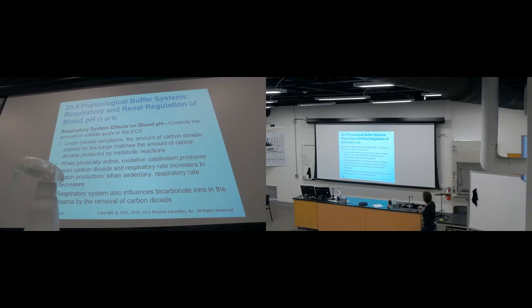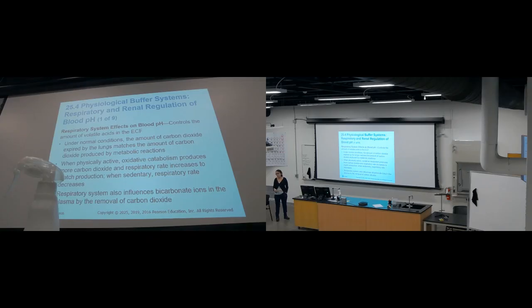Now, the respiratory system and the urinary system help to control the pH. For instance, when we have excess of CO2, which drops your pH and increases your hydrogen ions, your respiratory system responds by increasing the breathing rate. So you have tachypnea, and you get rid of as much CO2 as possible.